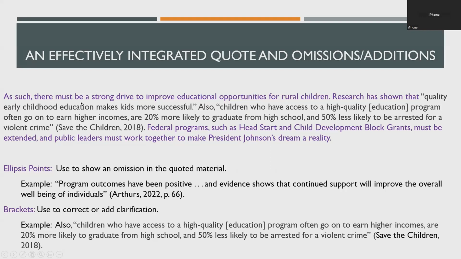As such, there must be a strong drive to improve educational opportunities for rural children. Research has shown that, so this tells my reader what this quote is going to be about. Before I even read the quotation, I know that I'm about to see something about educational opportunities for rural children. So that sets up the quote, that prepares my reader for the quote by providing some context.